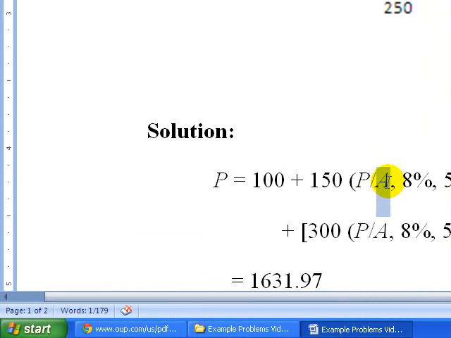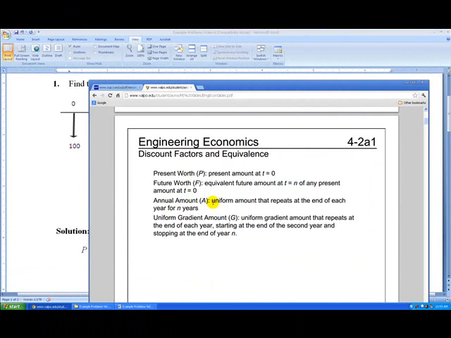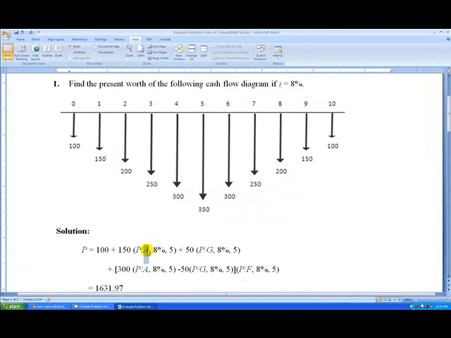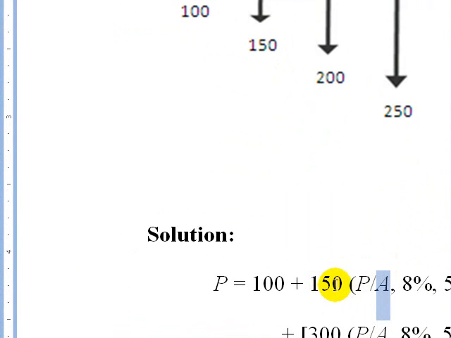Annual cash flow means it's a repeated cash flow. In fact, I can show you the definition here: annual amount, a uniform amount that repeats at the end of each year for n years. So we take that 150 as that amount. So we write 150, and we need to find the present worth of that annual cash flow.